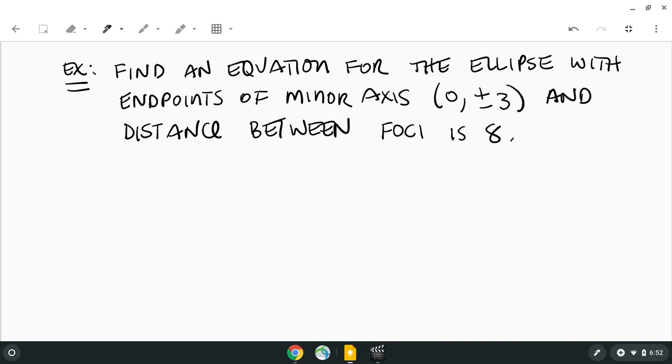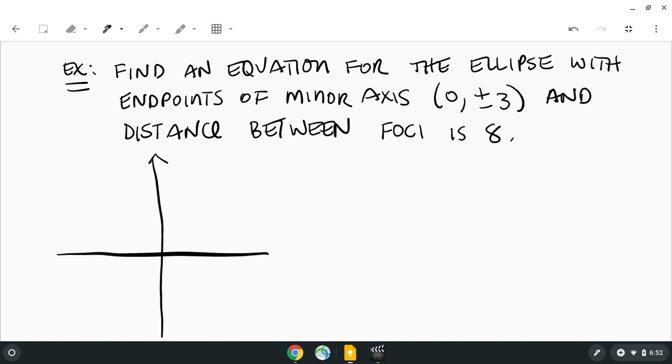Okay? So again, whenever they're asking you to write the equation, you want to sketch all the information so that you can try to extract as much of the equation as possible.